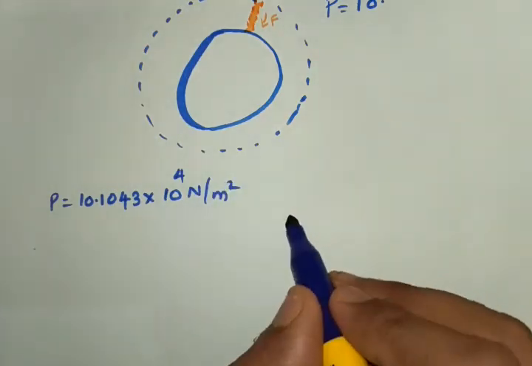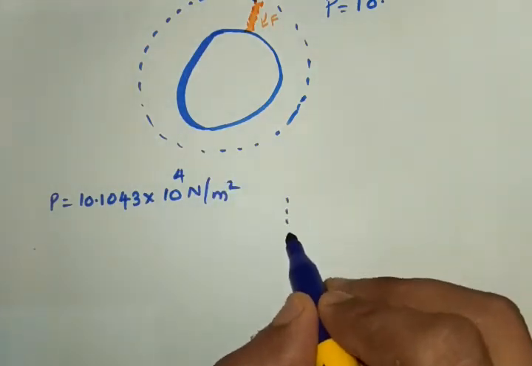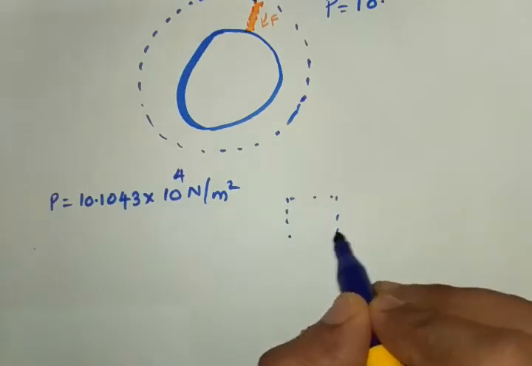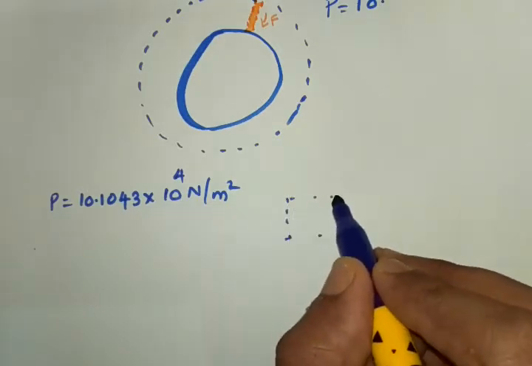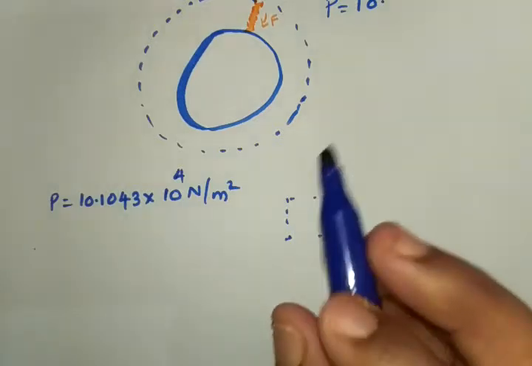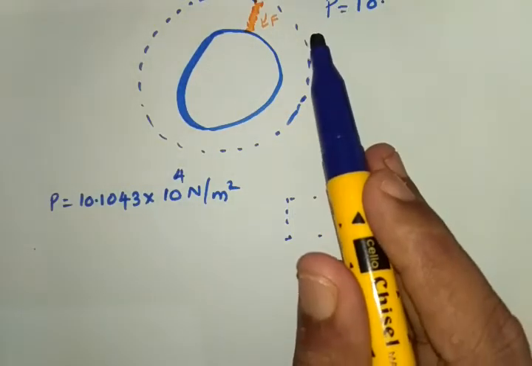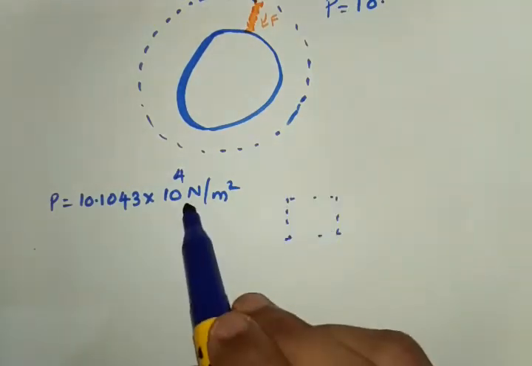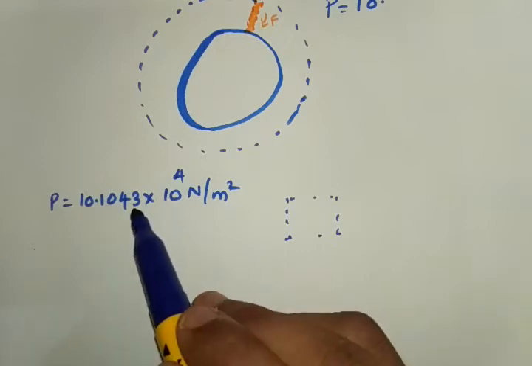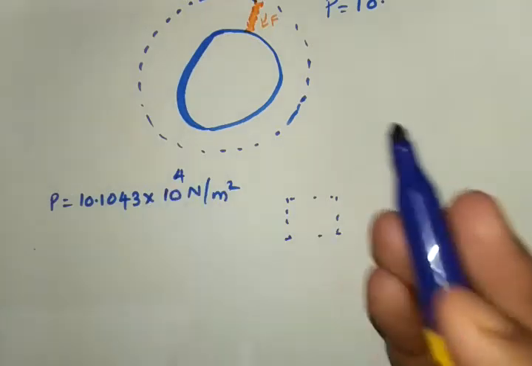It means that in 1 meter square area, the air from the surface to the top of the atmosphere is exerting a force of 10.1043 into 10 raised to 4 Newton.